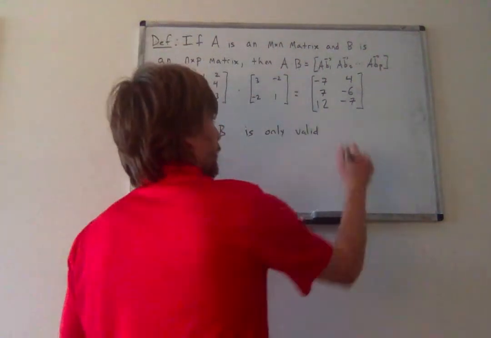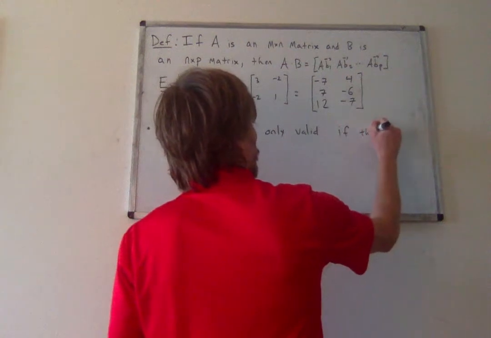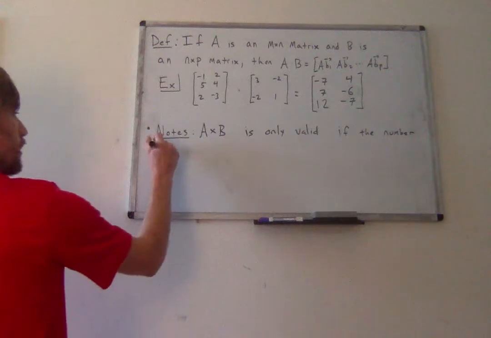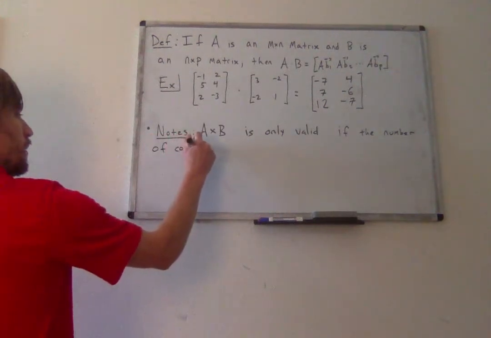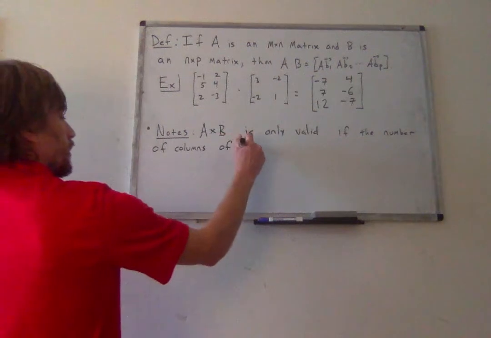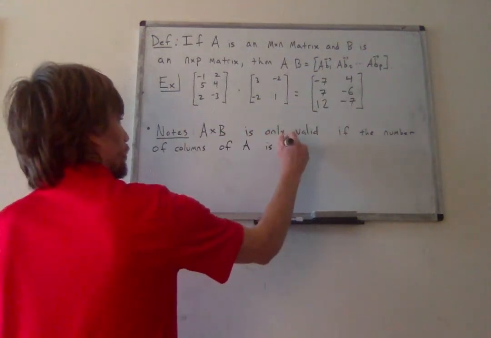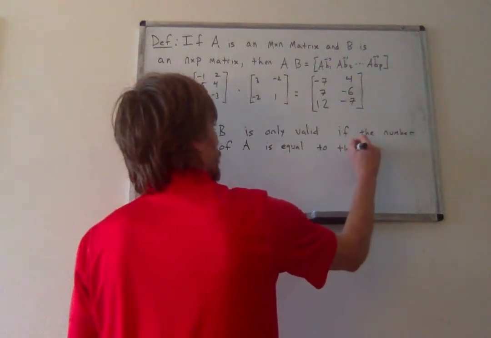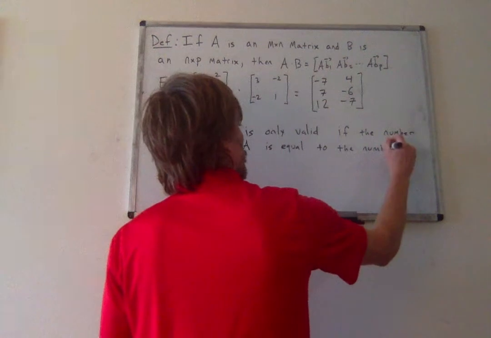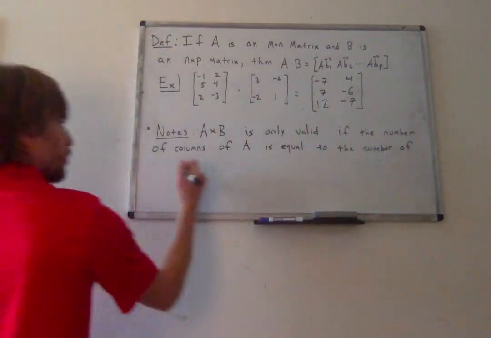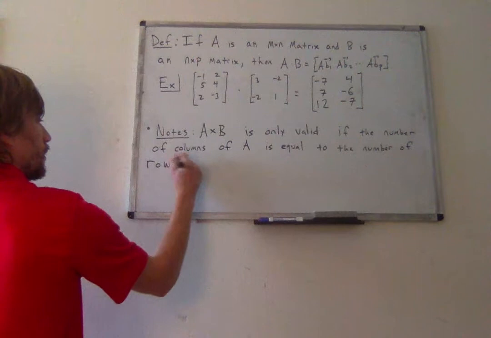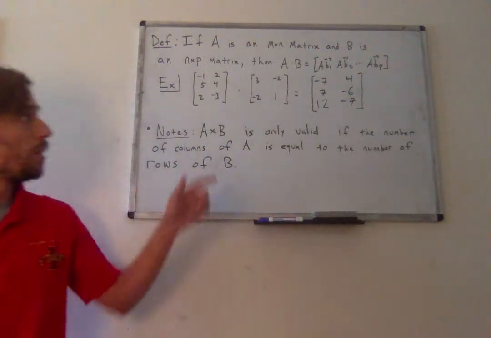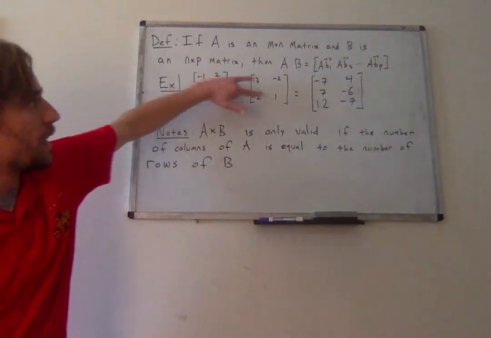This is only valid if the number of columns of A is equal to the number of rows of B. So notice here A had 2 columns, B had 2 rows.